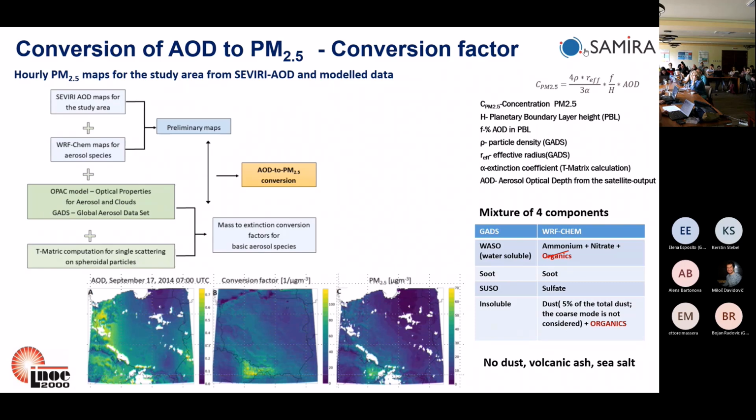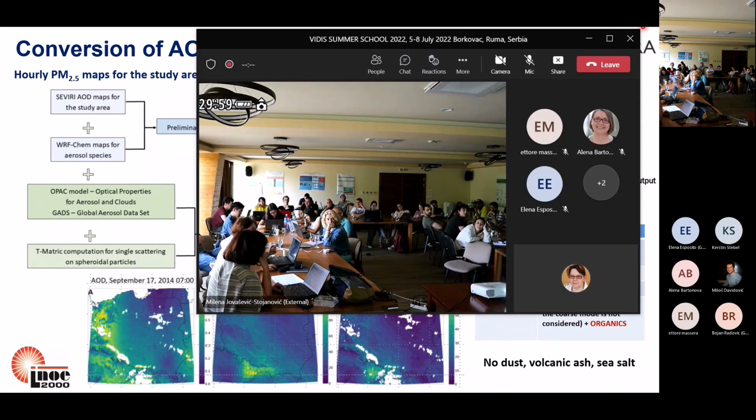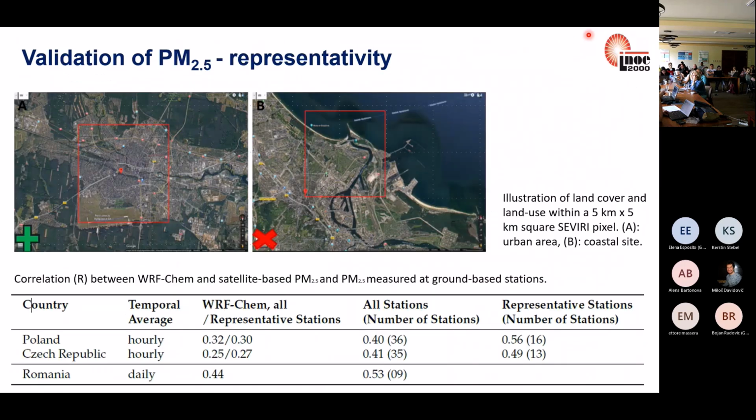So if you then compare to the ground station and you are, for example, in a coastal region, you definitely will get very bad results because you haven't got the species. It works very nicely at these stations which are homogeneous in the city.